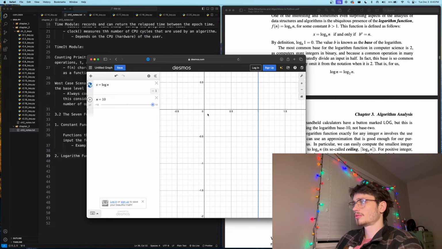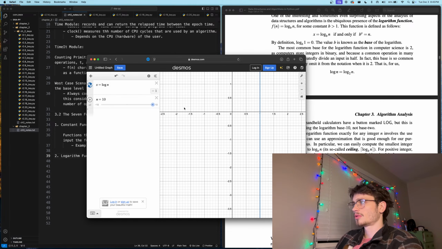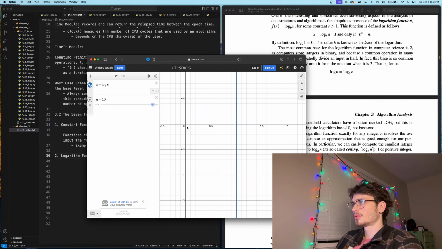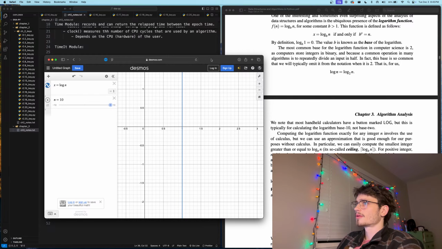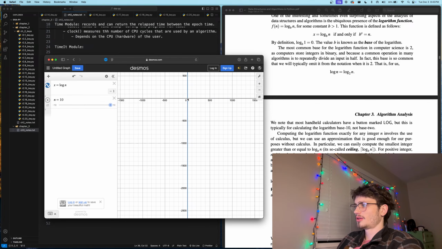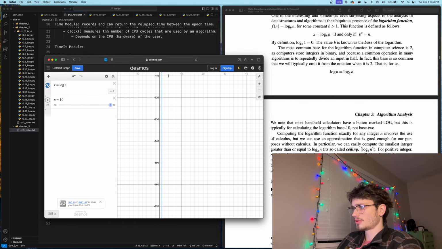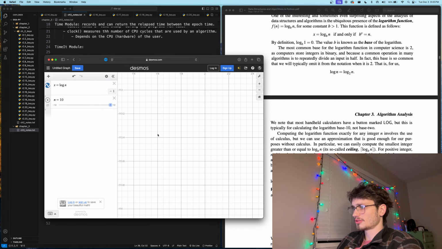Okay, so it's just a straight line? No, it slowly curves. In which direction, though?